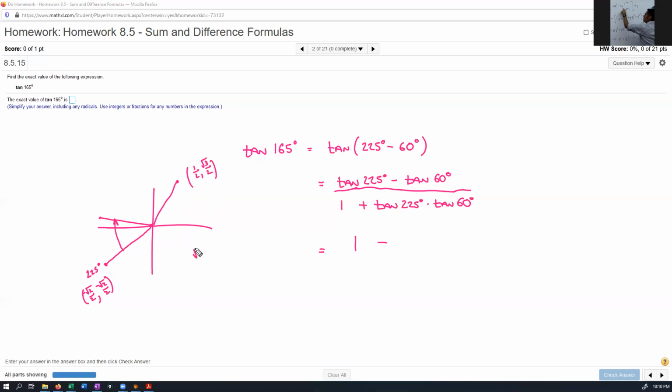Tangent means you take the y coordinate divided by the x coordinate, which is the same as multiplying by the reciprocal. The 2's cancel, you get √3 here. So it's going to be minus √3 over 1 plus tangent 225, which is 1, times √3. So this is going to be 1 minus √3 over 1 plus √3. That's it.